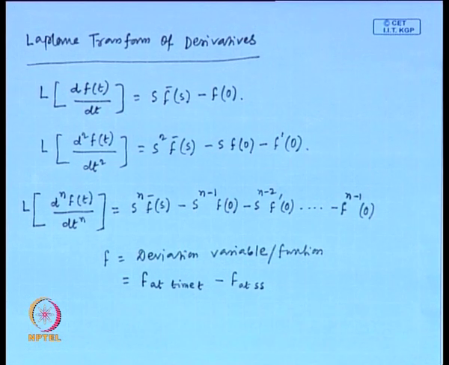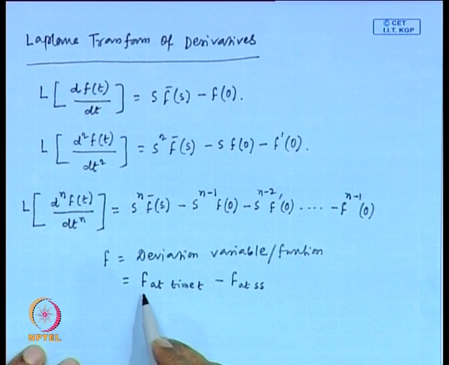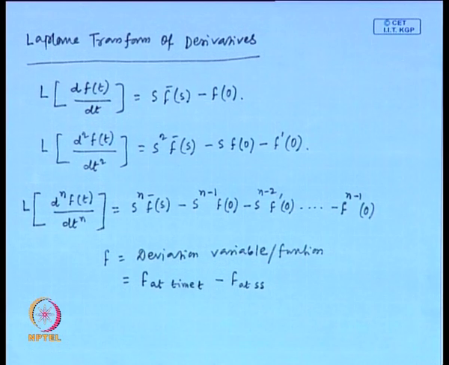The definition of deviation variable is the variable at any time t minus the value of the variable at steady state.